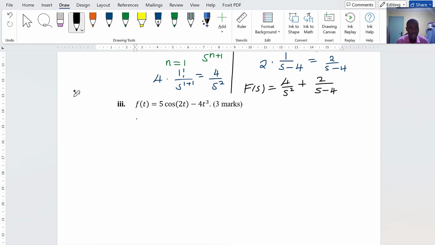the Laplace of 5 cos 2t, then minus 4t cubed.